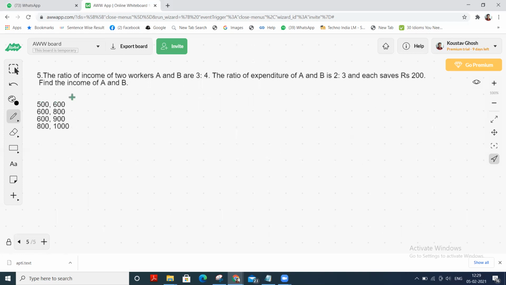That is question 5. The ratio of income of two workers A and B is 3 is to 4. The ratio of expenditure of A and B is 2 is to 3 and each saves rupees 200.